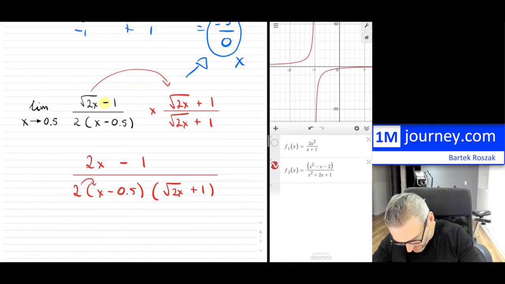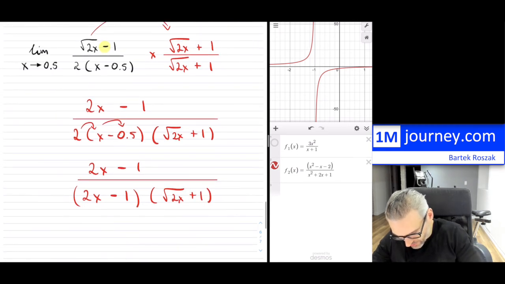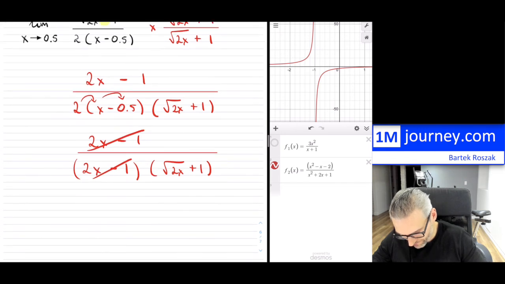Let me bring this 2 inside. Okay, perfect. If I bring that inside, I'm going to get 2x minus 1 all over 2x minus 1, so that cancels altogether. And now I have 1 all over just this, the square root of 2x plus 1.